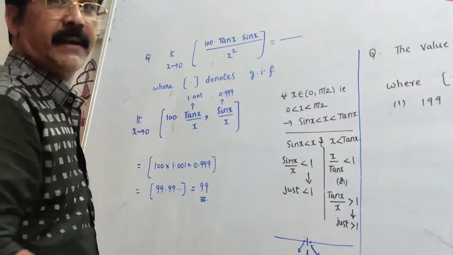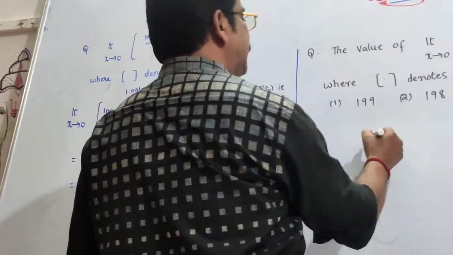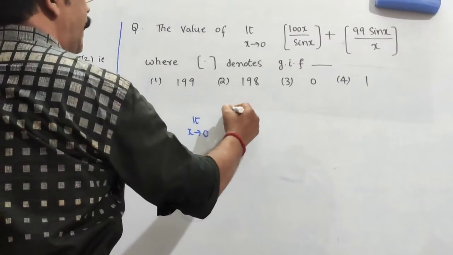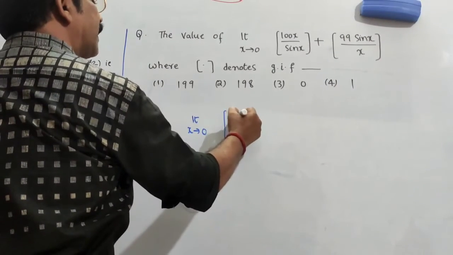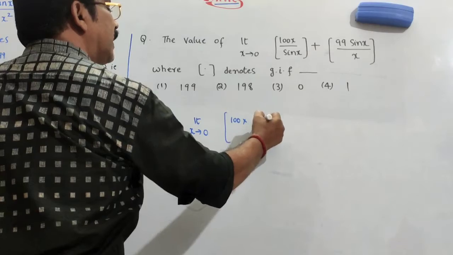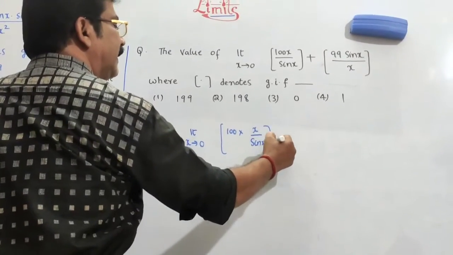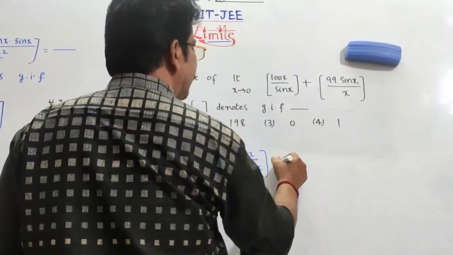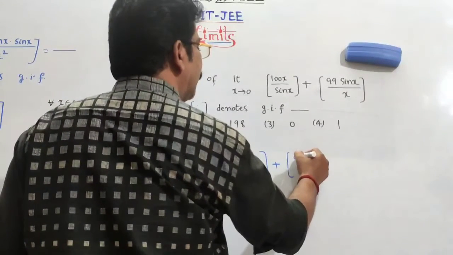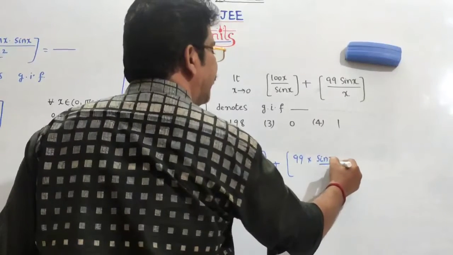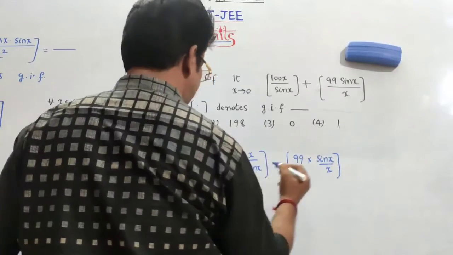Next, you come here. Next, same model question: limit as x tends to 0 of box of 100 into x divided by sin x, plus box of 99 into sin x divided by x, like that.